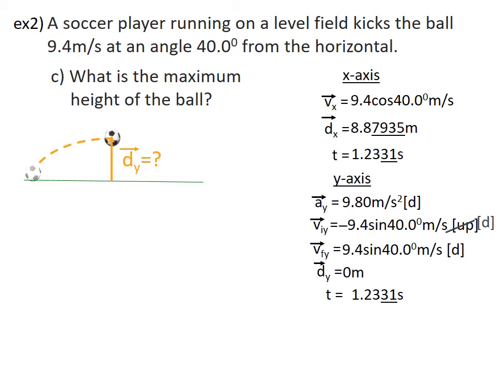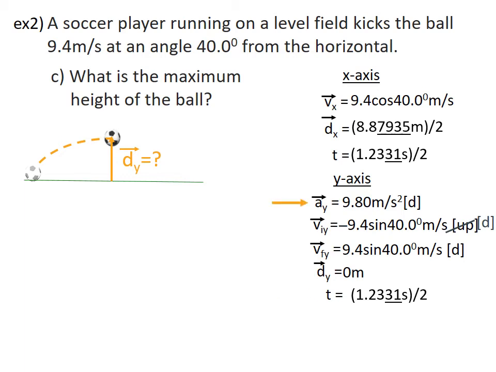So in the x-axis, Vx remains the same because the ball travels at a constant speed in the x direction. The distance in the x direction, since the ball only went halfway through the process, will have to be divided by 2. And that's the same with time. We're only looking at half the total flight path, so the time has to be divided by 2. And that's true in both the x-axis and the y-axis.